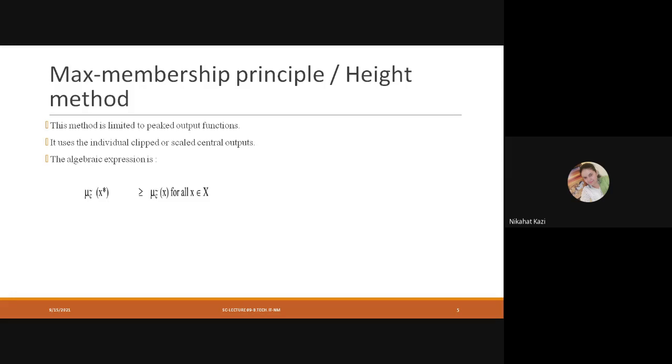So this is the algebraic expression for it. If there is a membership value which is greater than or equal to the membership values of all other x, then you can use this height method.